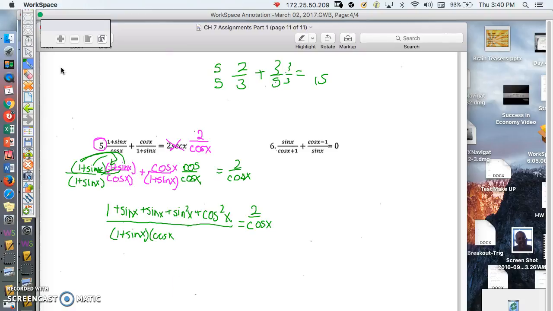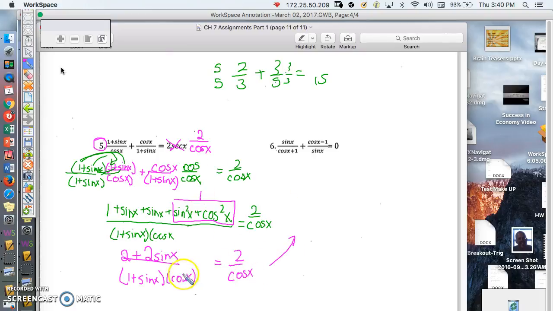Well, let's see. One thing I noticed right here, this is the Pythagorean identity. That's 1. So 1 and 1, so we have 2 plus 2 sine of x's over 1 plus the sine of x times the cosine of x equals 2 over the cosine of x.